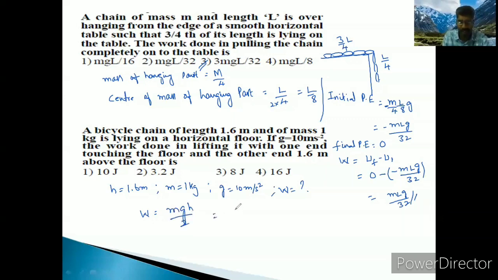The m value is 1, g value is 10, h value is 1.6 by 2. We get 16 by 2, which means 8 joules is the correct answer. The third option is correct. Next we will see the next one.